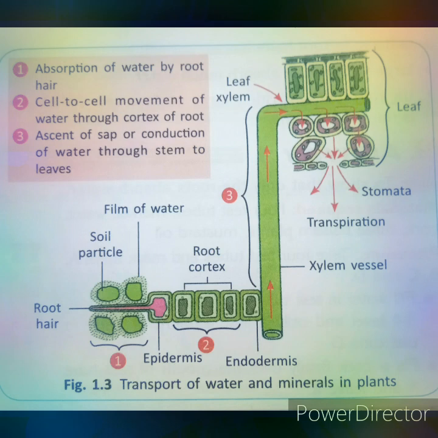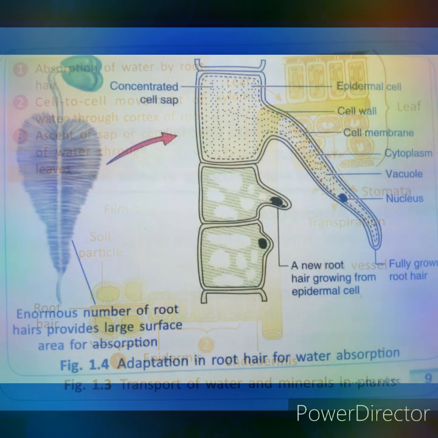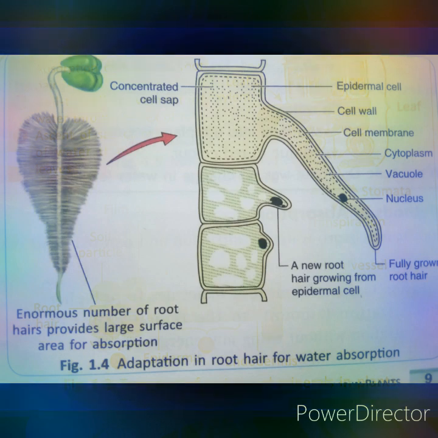What is the reason that root hairs are absorbing a large amount of water? We will see here what type of adaptations are present in the root hairs so that they can absorb the water. The first important thing is that the root hairs have the semi-permeable membrane of a unicellular root hair. Now semi-permeable membranes: have you seen the sieve with which we filter things, or filter the tea?